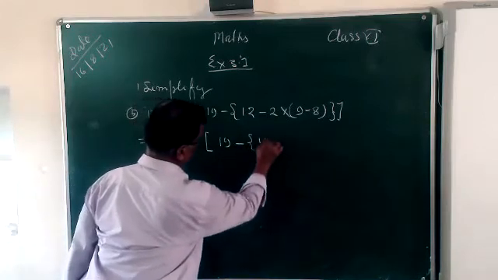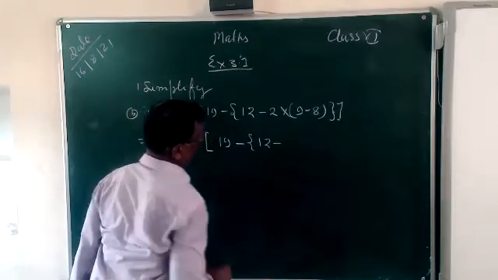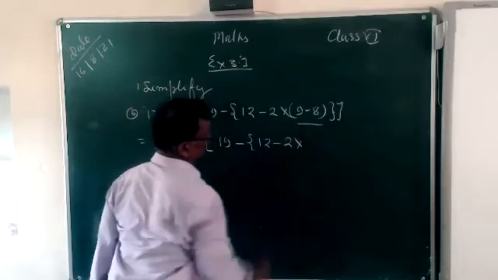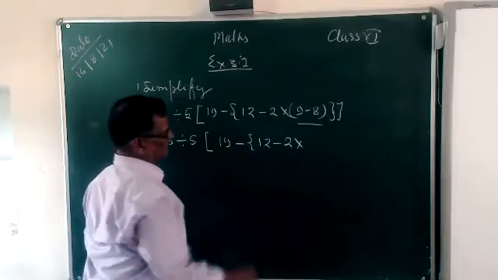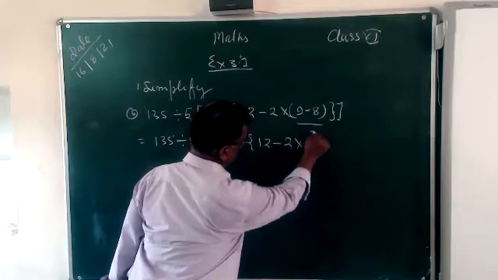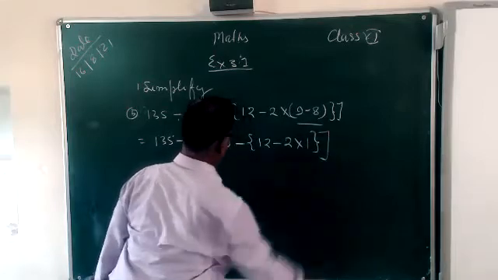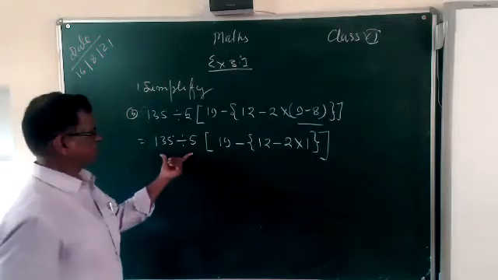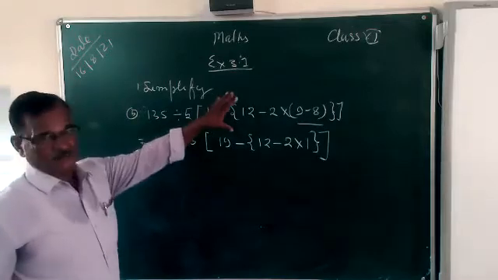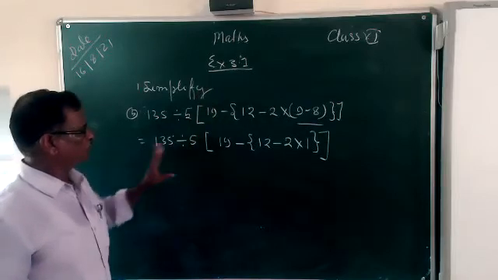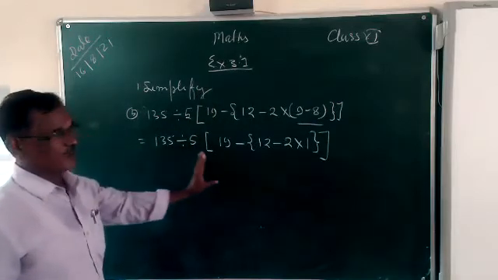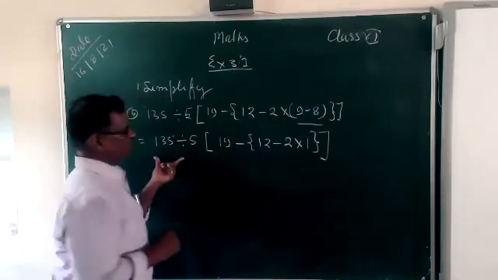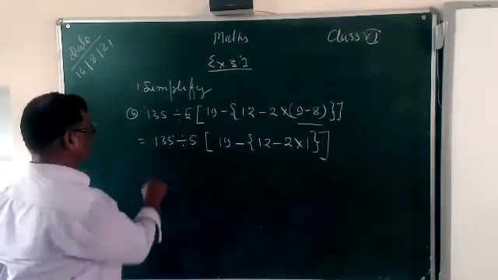First you remove this common bracket: 2 into, in the common bracket, 9 minus 8 is given, that is 1, then the curly bracket and square bracket. Now here division is given. Remember the BODMAS law. According to the BODMAS law, you can solve this type of expression. First, since there is no 'of' given, divide.